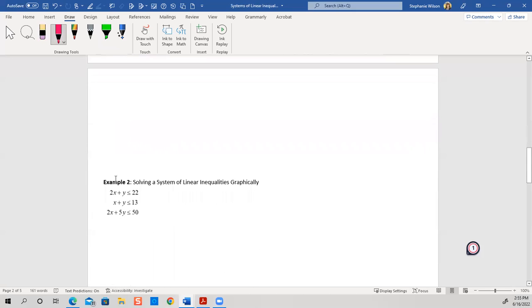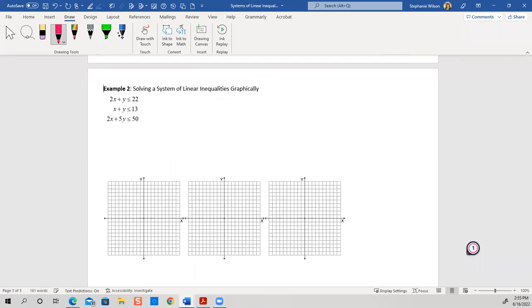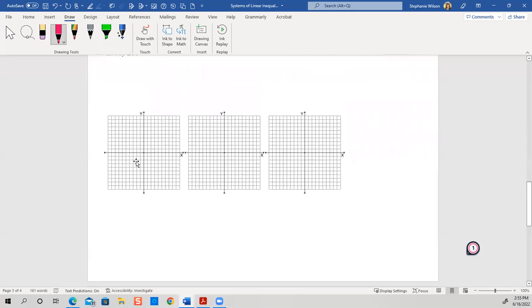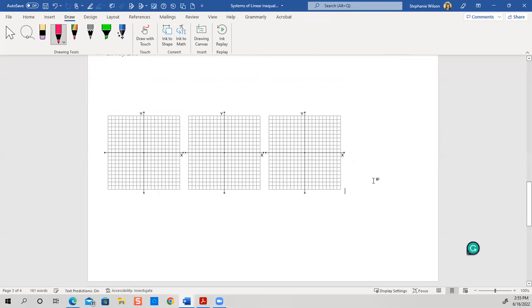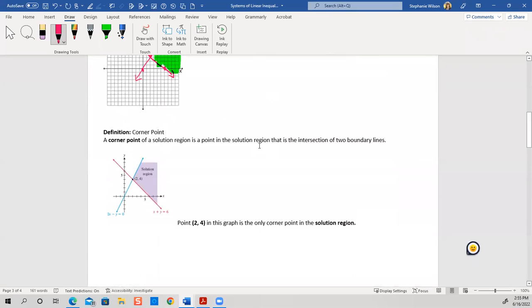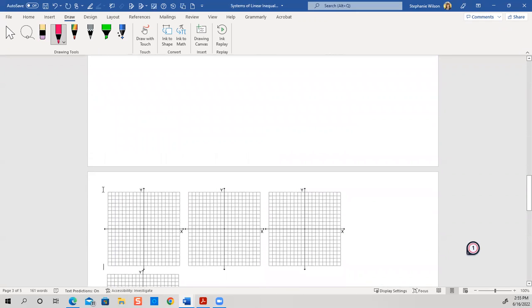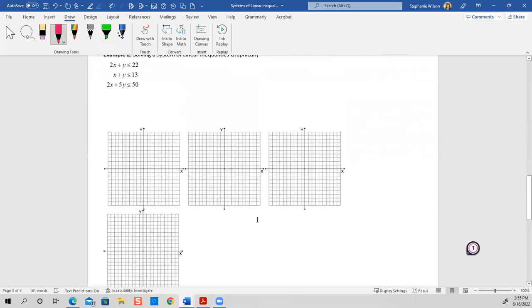Now let's solve our next example. The next example is we're given 3 equations. We're going to have to shade it. Let's see if there's a way to copy and maybe get another graph right here, so we can use one for shading. All right.